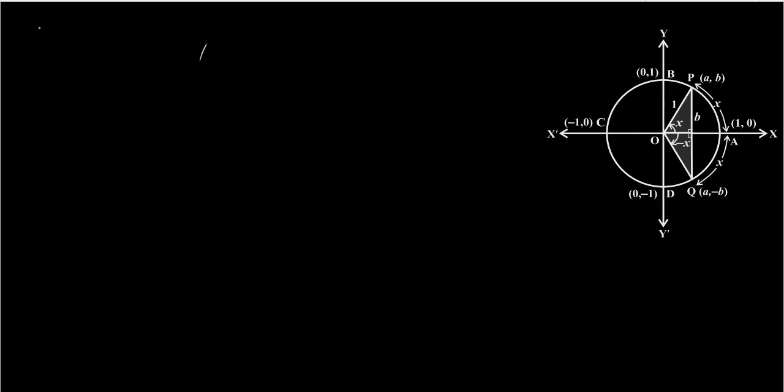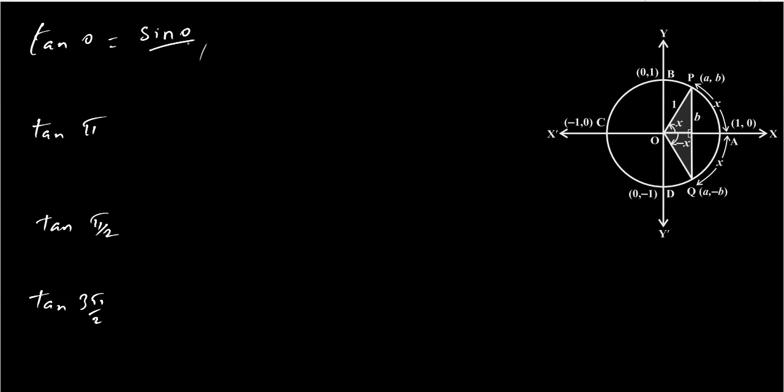So what is tan 0, tan pi, tan pi by 2, tan 3 pi by 2? Let me take tan 0. Tan 0 is nothing but sine 0 divided by cos 0.